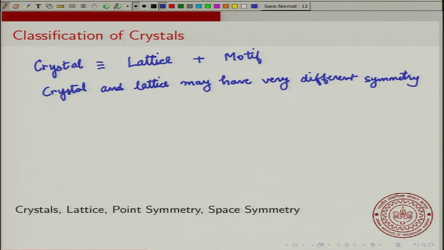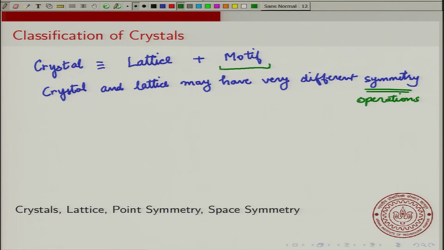And when we are talking about symmetry, we are really talking about symmetry operations, like the rotations, reflections, and so on. And the motif will have its own symmetry associated with it. So, each motif will have some sort of symmetry associated with it.